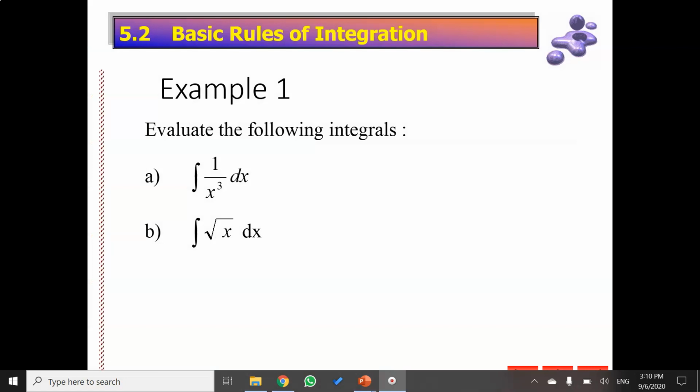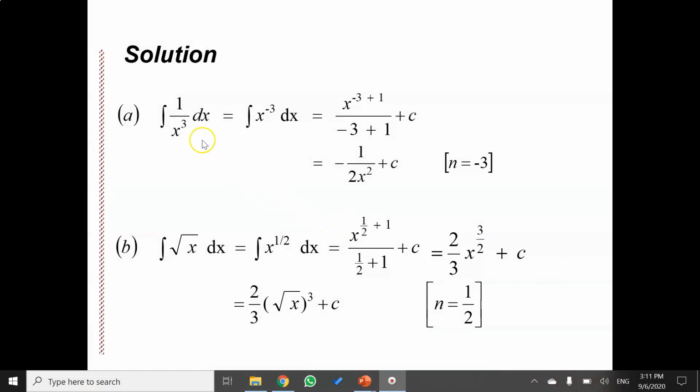Now, let's see example 1. Evaluate the following integrals. A, integrate 1 over x cubed dx. And B, integrate square root of x dx. Okay, let's see how we're going to solve it. The first one, integrate 1 over x cubed dx.